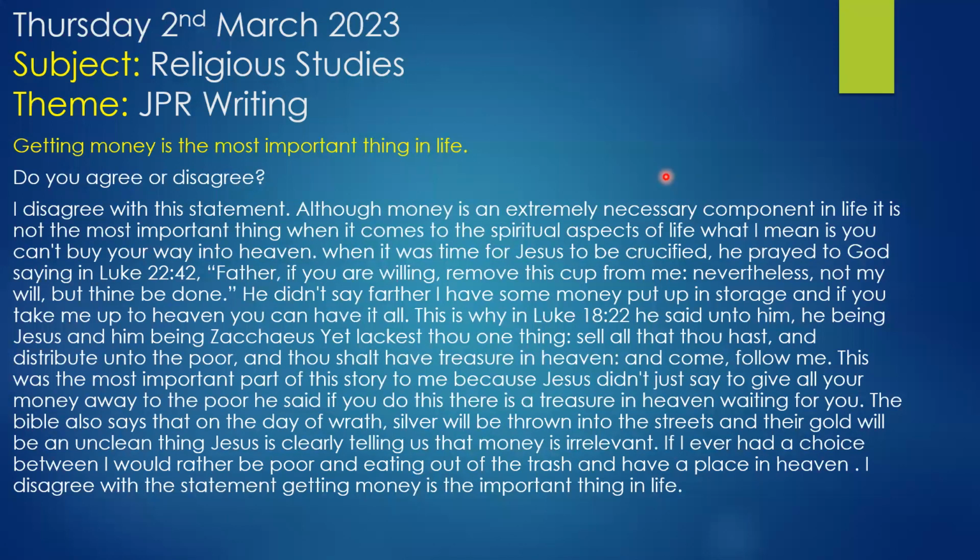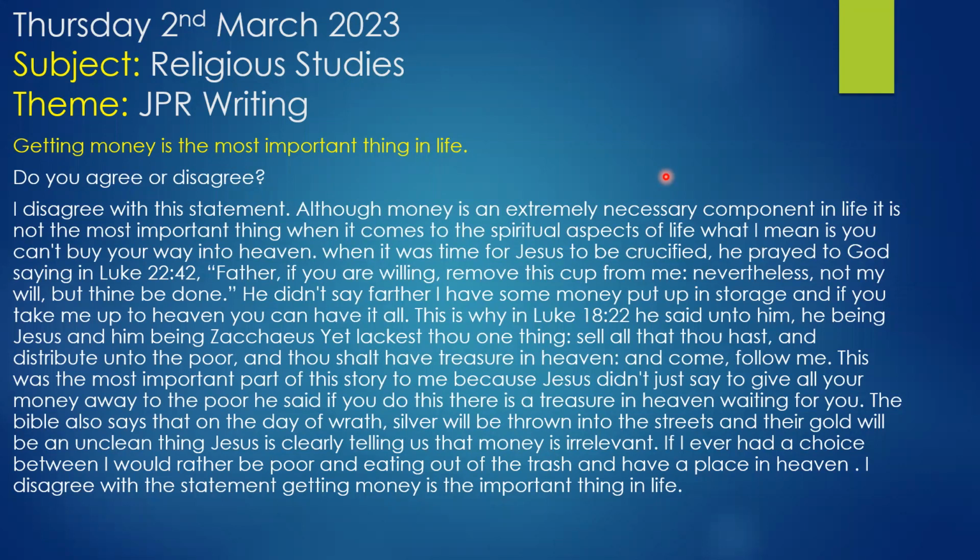This is why in Luke chapter 18, verse 22, he said unto Zacchaeus, yet lackest thou one thing, sell all that thou hast, and distribute unto the poor, and thou shalt have treasure in heaven. And come follow me. This was the most important part of the story to me, because Jesus didn't say to give all your money away to the poor. He said, if you do this, there is a treasure in heaven waiting for you.